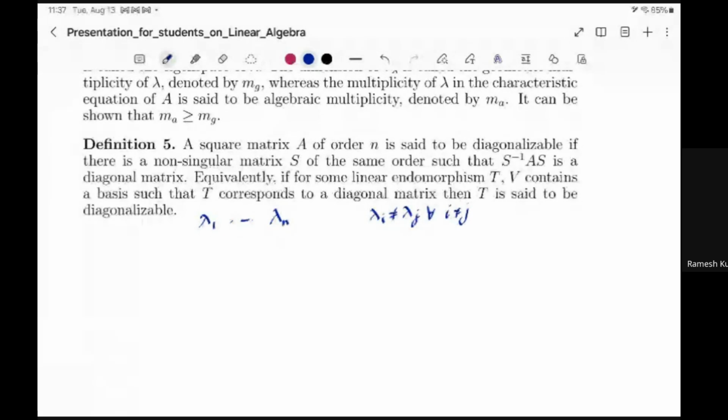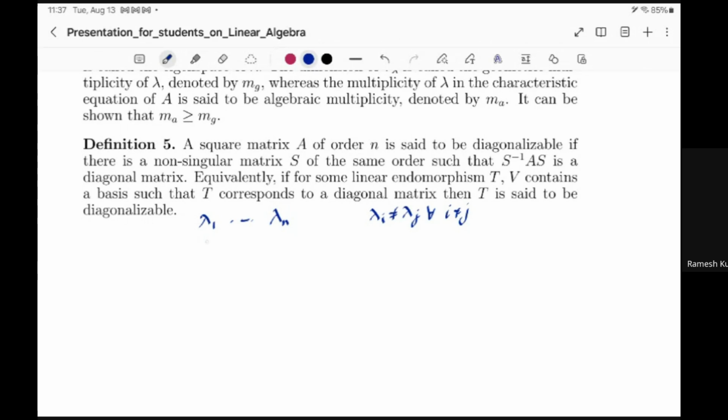So that means that the algebraic multiplicity associated to each of the lambda i's is 1, and for the geometric multiplicity, of course, the eigenspace cannot have dimension less than 1, and it cannot be more than 1, so it has to be exactly equal to 1. So in this case, it is diagonalizable.